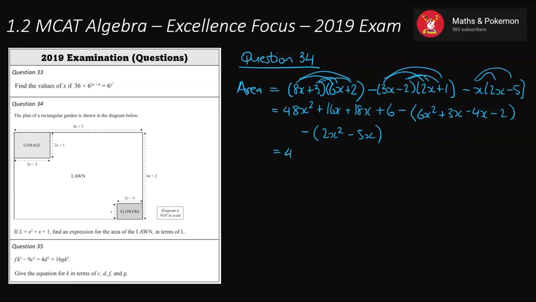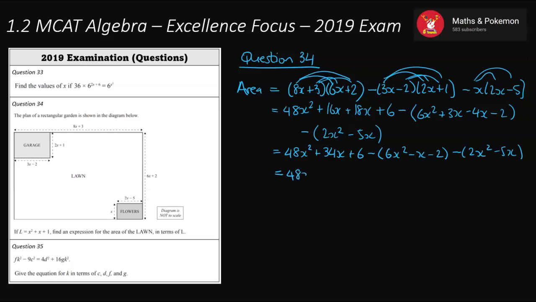Let's simplify these two expressions here, and then we can expand those negative signs as well. So we've got 48x squared plus 34x plus 6 minus bracket 6x squared minus x minus 2, and then we've got minus 2x squared minus 5x. To deal with these minusing of the brackets, we're basically just going to make everything in the bracket the opposite to get rid of those.